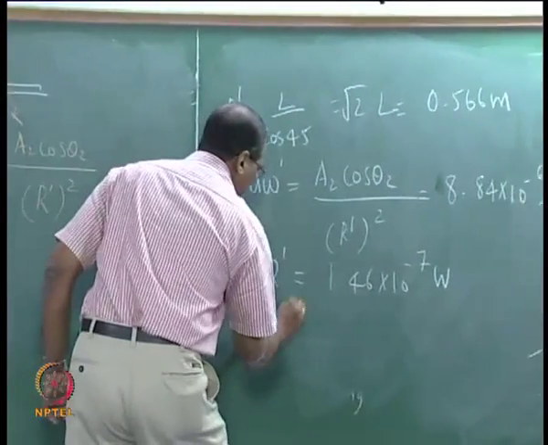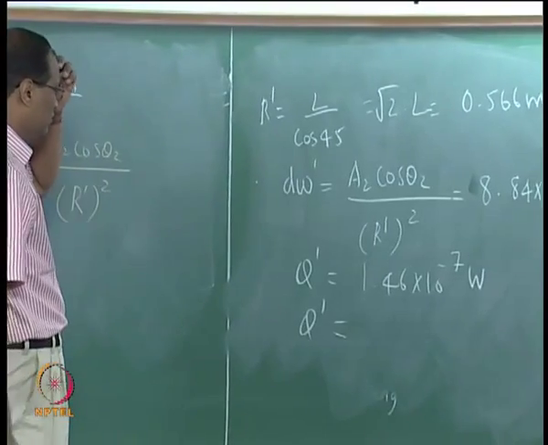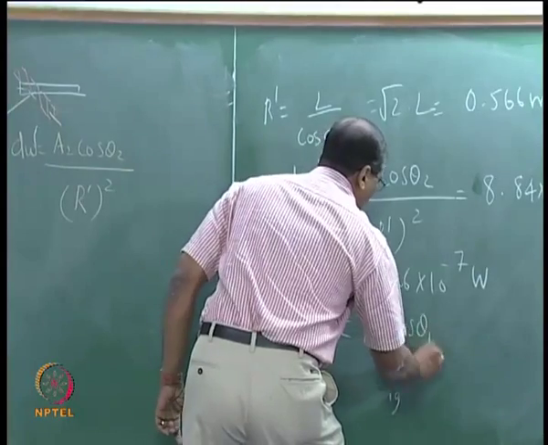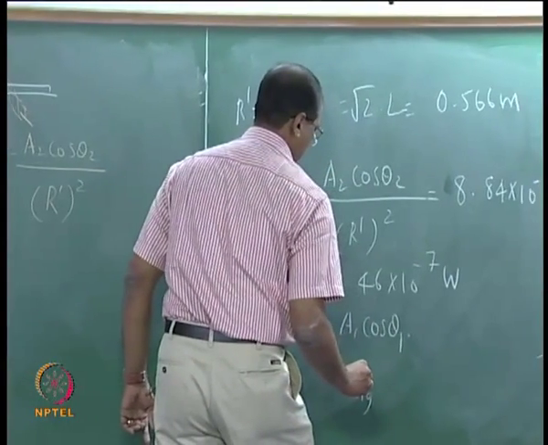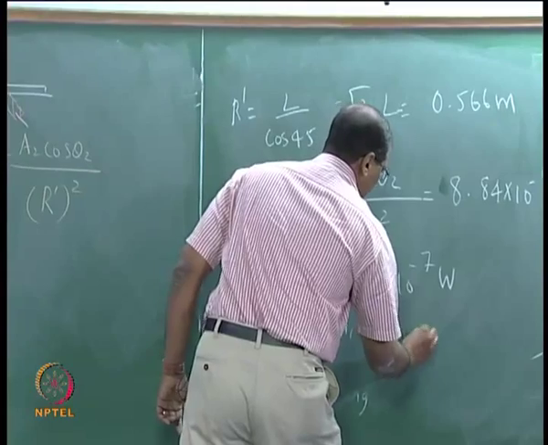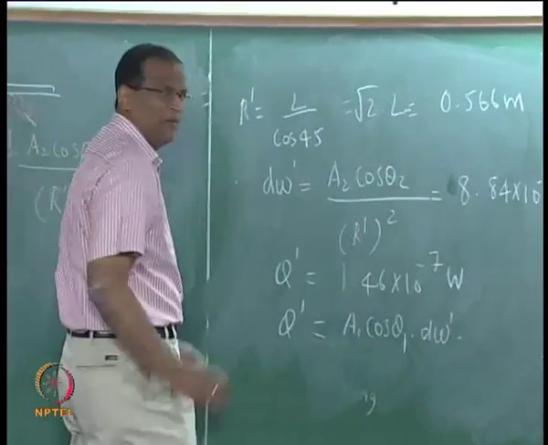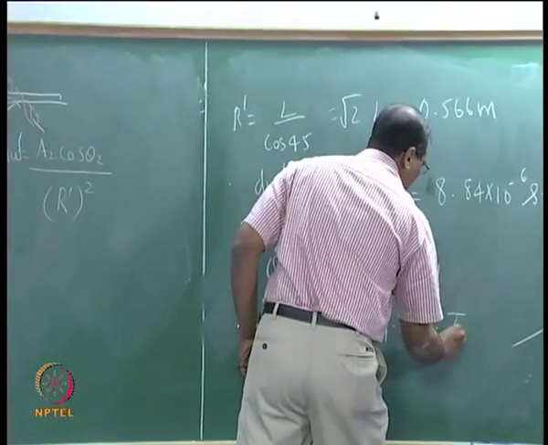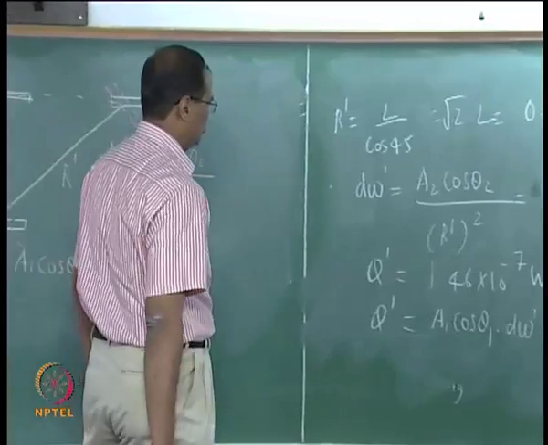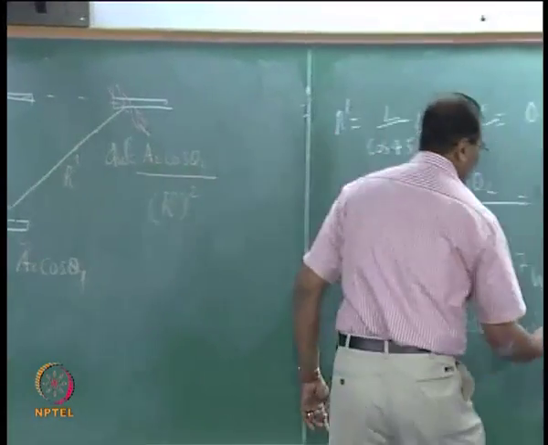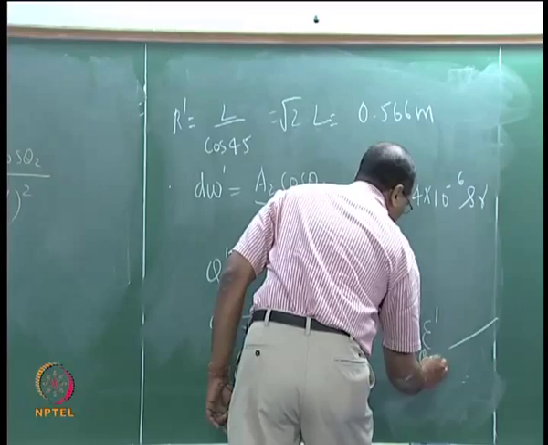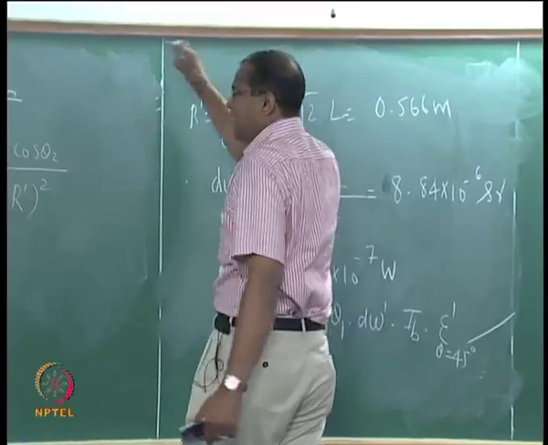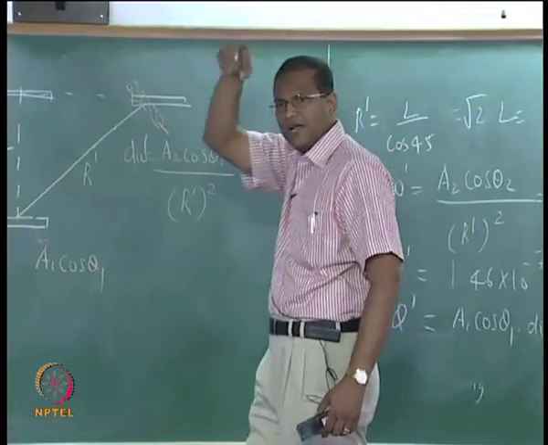Q dash is also equal to d omega dash, IB. Should we put the dash for the other one also? Yeah, you can add that.